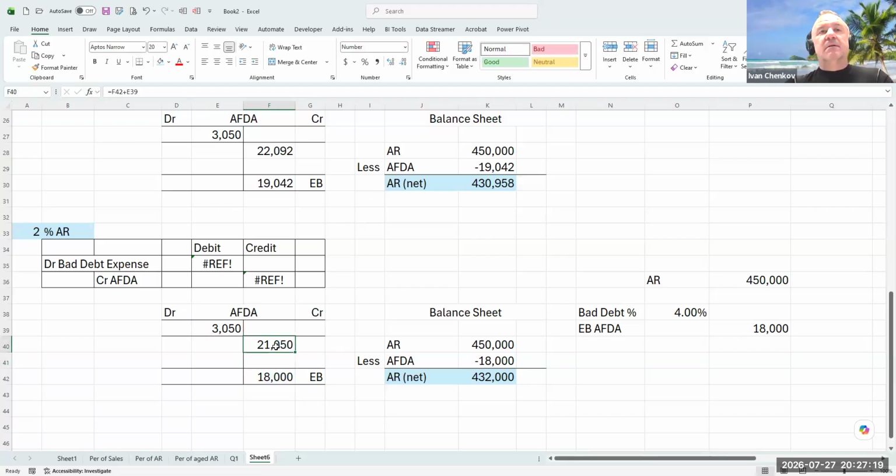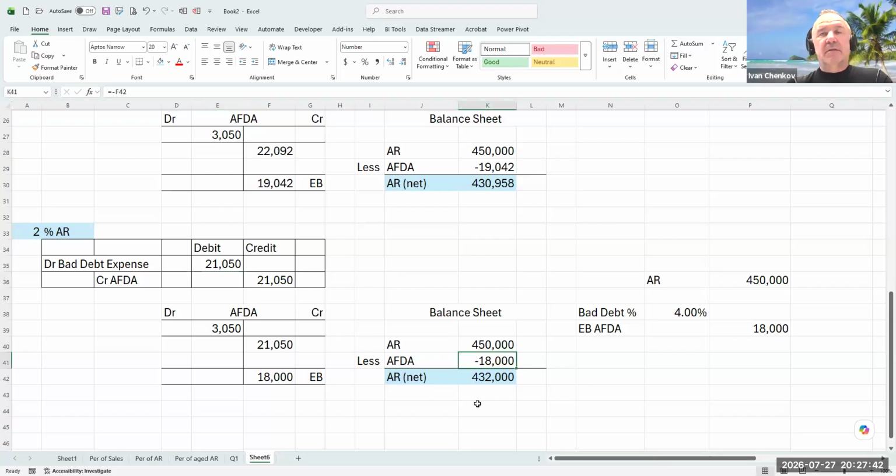So if I credit allowance for doubtful accounts with 2,150, that's going to bring the balance to 18,000 on the credit side. So my allowance for doubtful accounts has to be credited with 2,150, which is going to be my bad debt expense, 2,150.